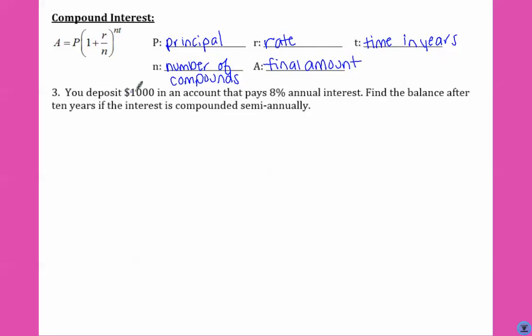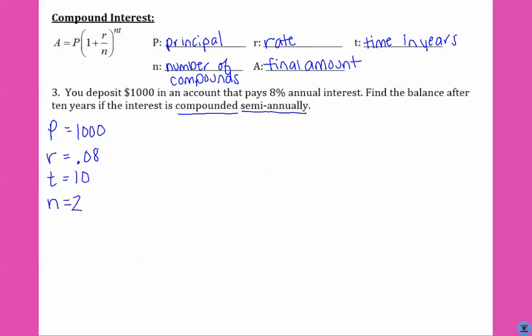So if you just deposit $1,000, that's our principal. It pays 8% annual interest, so our rate is 0.08. Find the balance after 10 years, that's our time, if the interest is compounded semi-annually. So N, how many compounds in a year is semi-annually?